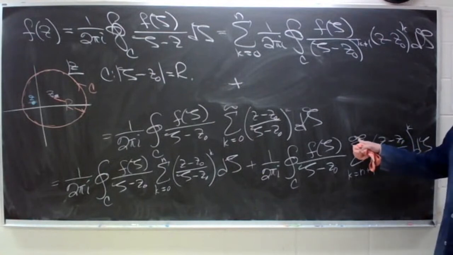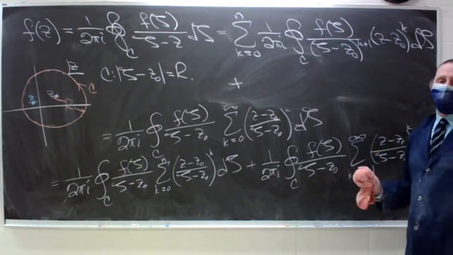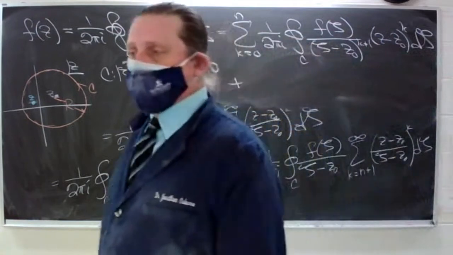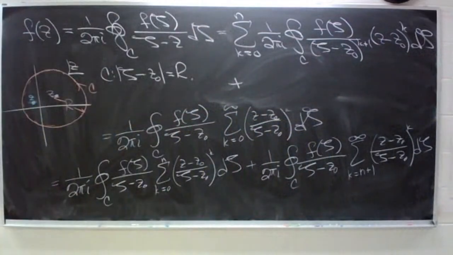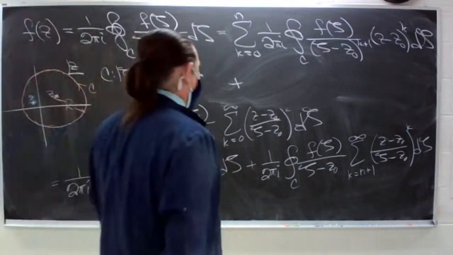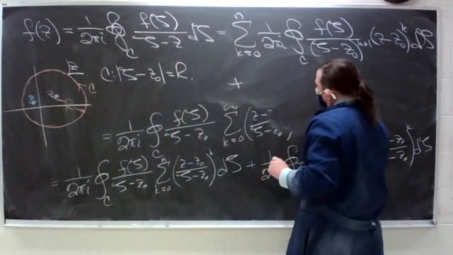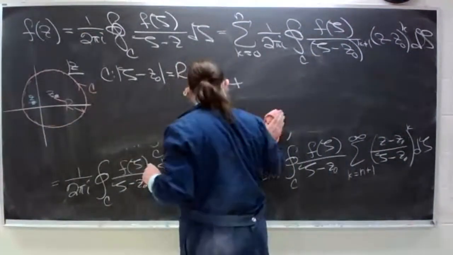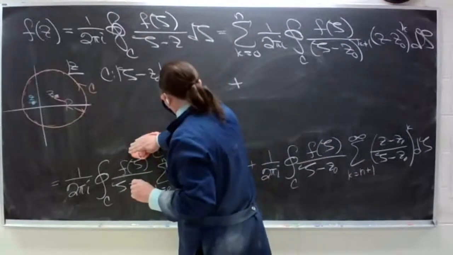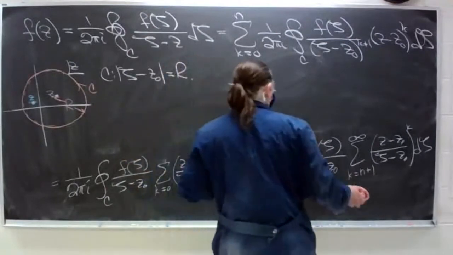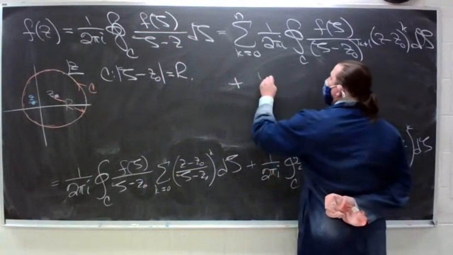But I don't like this infinity in there. It's wishy-washy. So what I'm going to do is resum that series. It does converge. It converges to first term divided by 1 minus ratio.